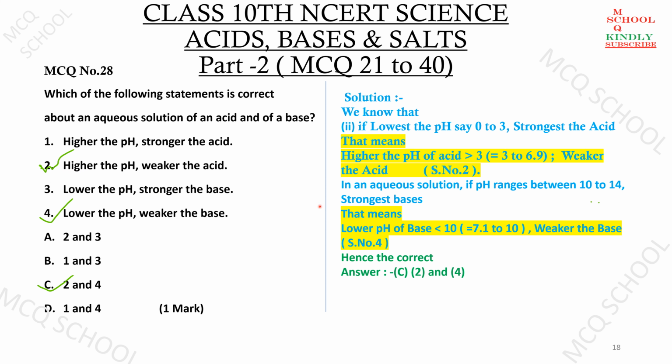Similarly, in aqueous solution, the pH range 10 to 14 is the strongest base. That means the lower the pH, less than 10, say 7.1 to 10, the weaker the base. That is serial number 4. Hence, the correct answer is C, 2 and 4.